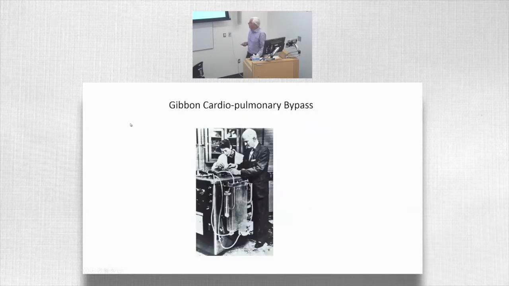The next big advance was the development of a cardiopulmonary bypass machine. And this is John Gibbon, and that's actually his wife here, who is his collaborator. And this is their heart-lung machine here. Fairly substantial piece of machinery by our lights nowadays. But they developed this machine to support the circulation for the use in cardiac surgery.